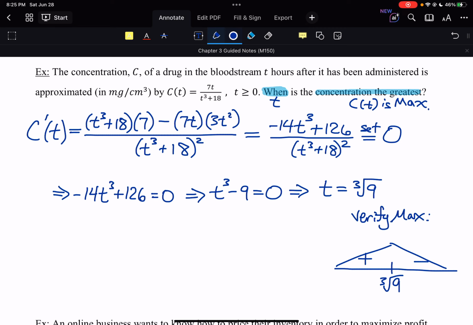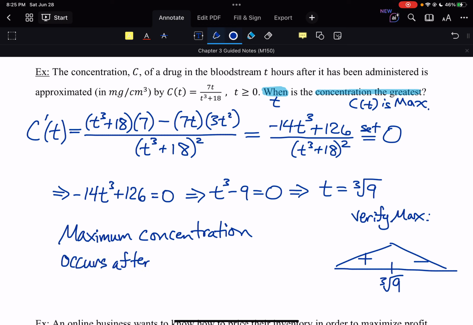And so the question was when, right? The t value. And so we can say maximum concentration occurs after cube root of 9, which if you want to answer in context, we can go ahead and use a calculator and just get, it's about 2.08 hours.